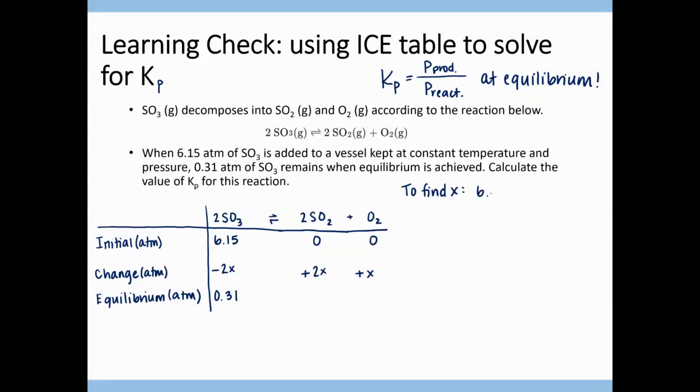We'll have 6.15 plus negative 2x, or in other words, minus 2x, equals 0.31. Subtracting 6.15 from both sides, we have negative 2x equals negative 5.84. Dividing by negative 2, x equals 2.92.